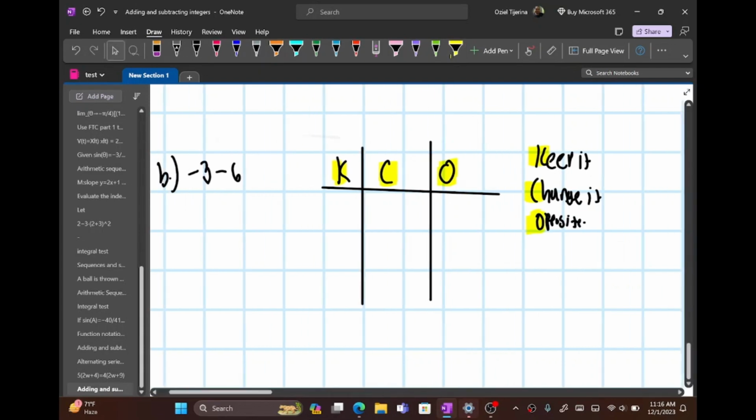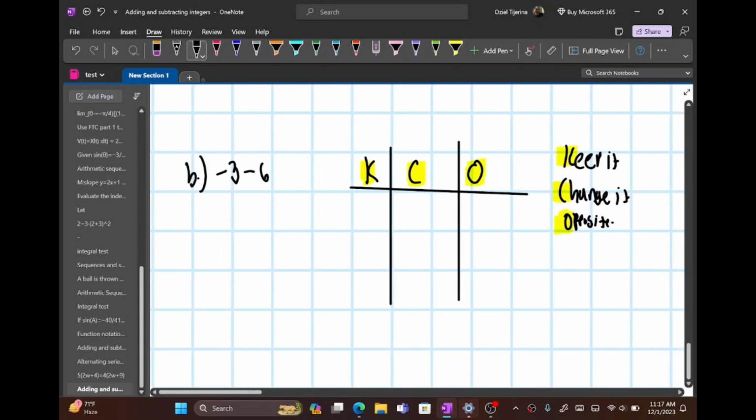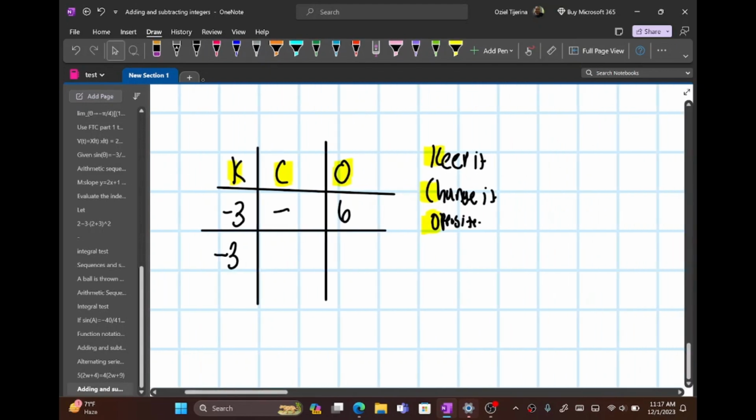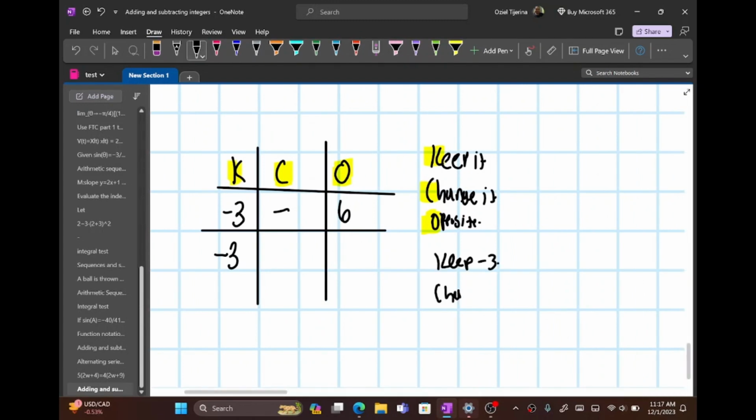I'm going to put negative 3 minus 6 like this, as it is. We're going to keep the negative 3. Change the minus sign to addition, in other words, positive.